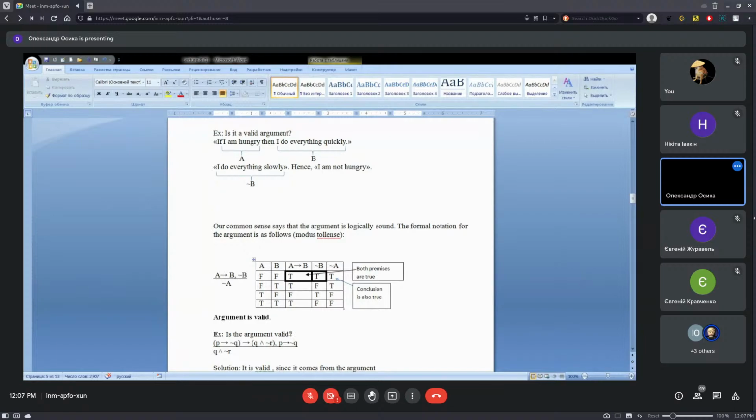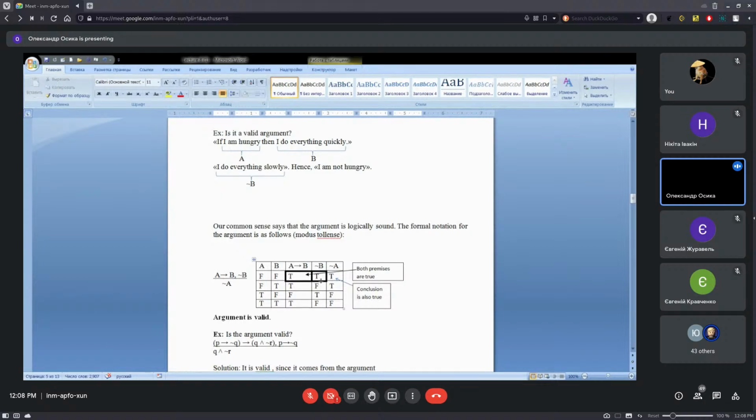We list interpretations of these three formulas, actually truth values of variables A and B. After that, here A implies B is true here, and here, and not B here, and that's it.